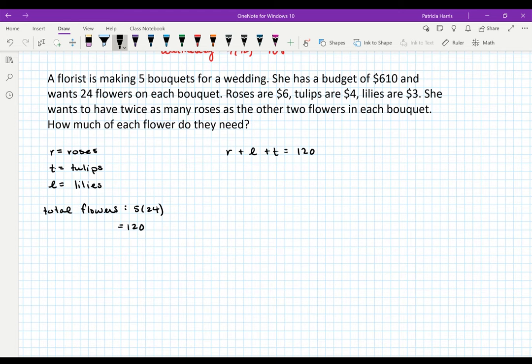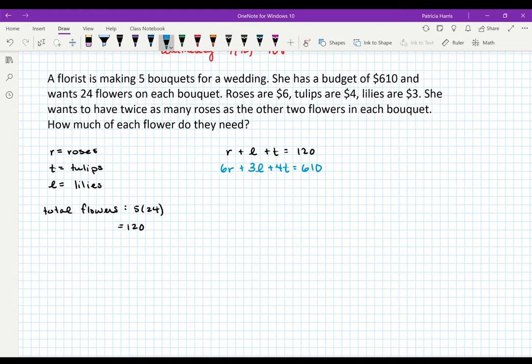Now, with the cost, we have a second equation. We know that roses are $6, tulips are $4, and lilies are $3, and we have a total budget for these 120 flowers of $610. So here's our second equation. Now, for most systems, if you have 3 unknowns, you need 3 equations.